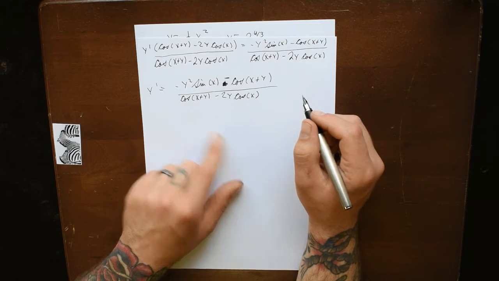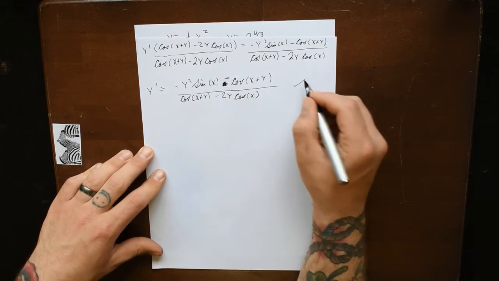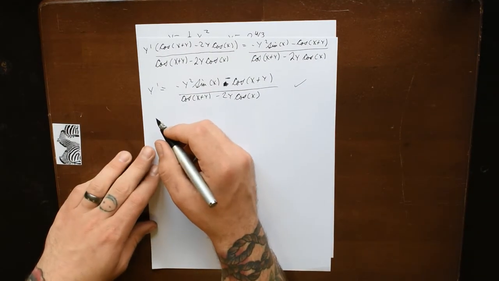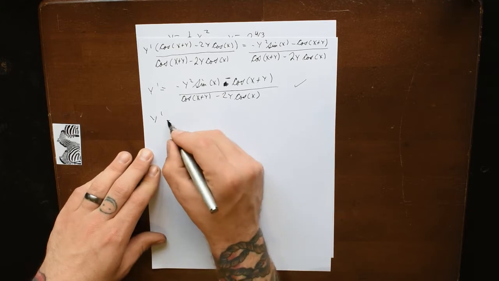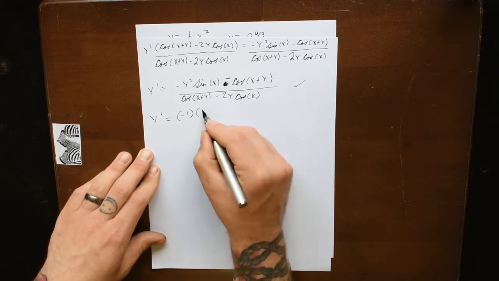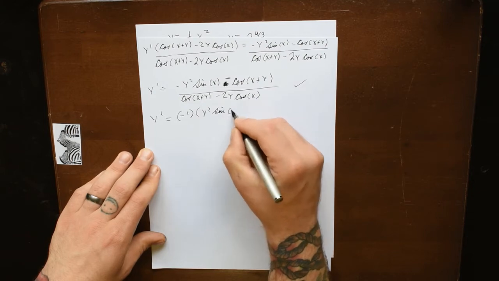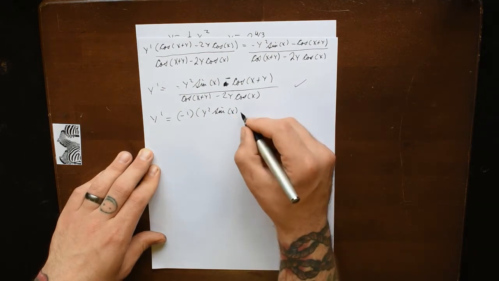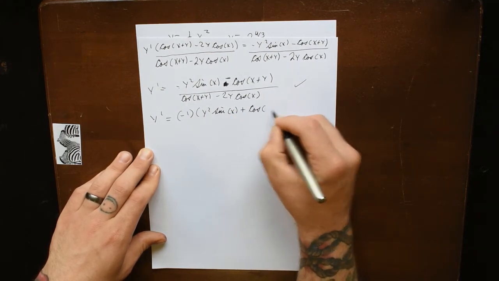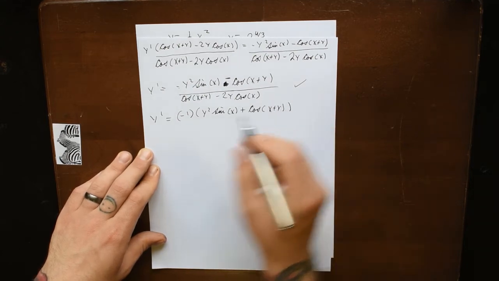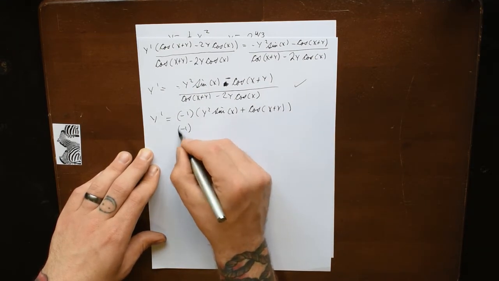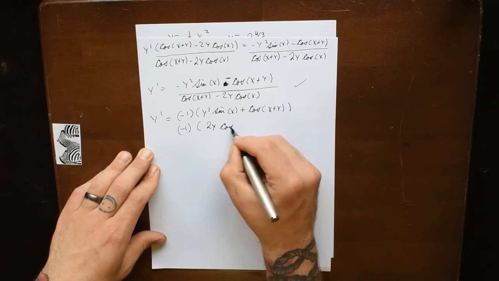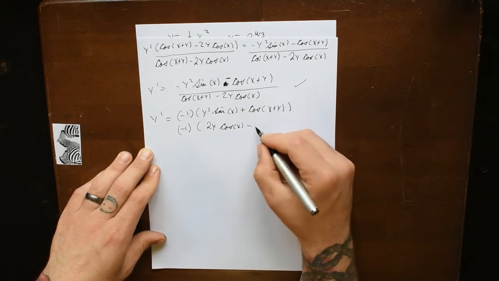So I'm actually going to factor out, and this is a good spot to stop. I typically don't like a minus in my numerator. It's personal preference, and I think it's good to show you where the book gets its answer. Factor a minus sign out of the numerator, that negative becomes positive. If we factor a minus sign out of the denominator, that was negative so it'll go positive, and that was positive so it'll go negative.